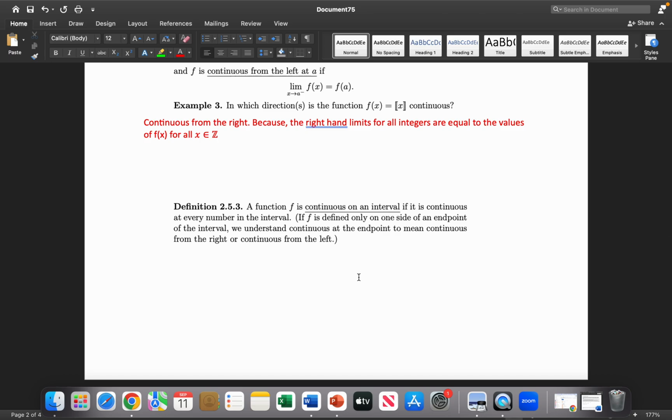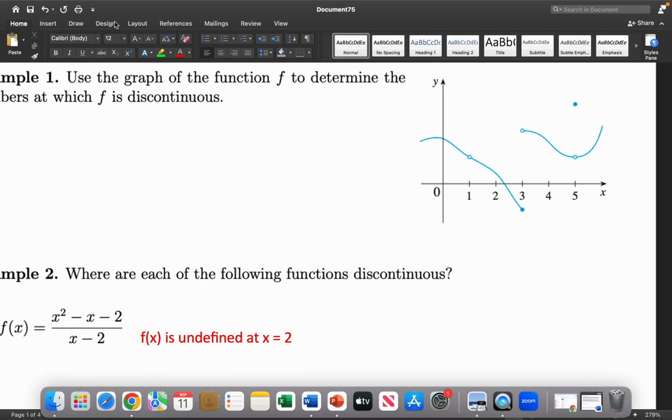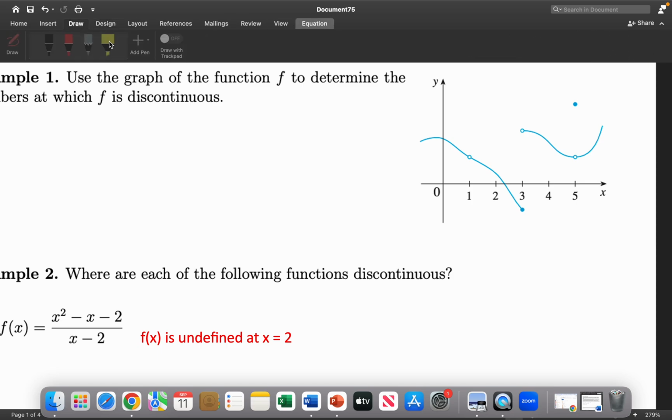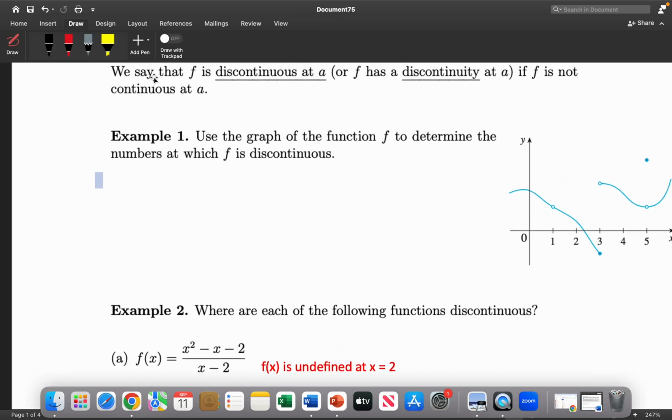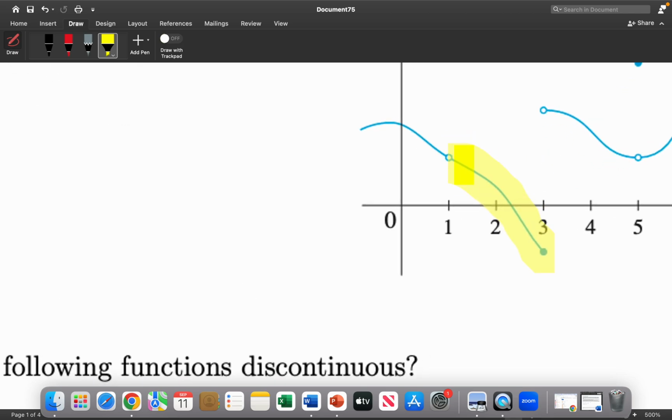Okay, and our function is continuous on an interval if it is continuous at every single number in the interval. So basically what that's saying, if we go back here, where'd it go? There we are. I could say that f of x is defined on an interval here if it's continuous on an interval here, if I don't have any holes or discontinuities.